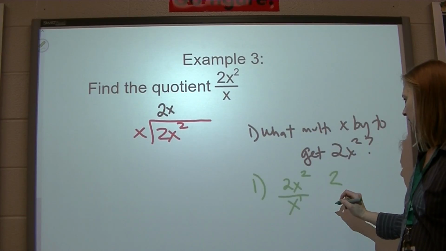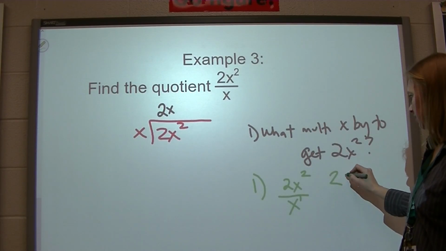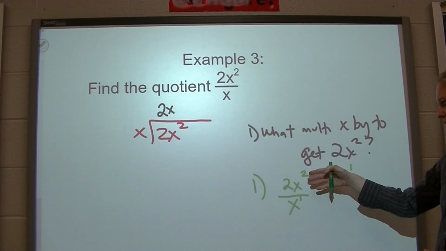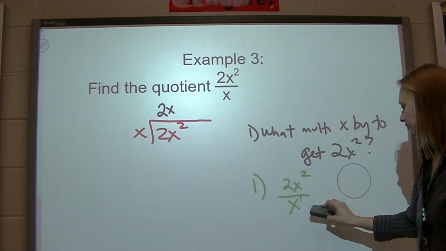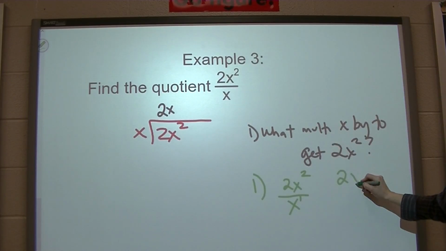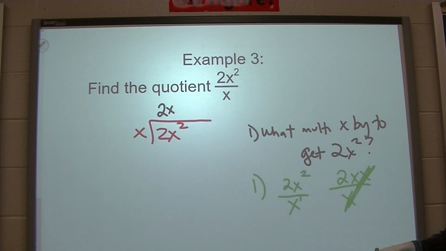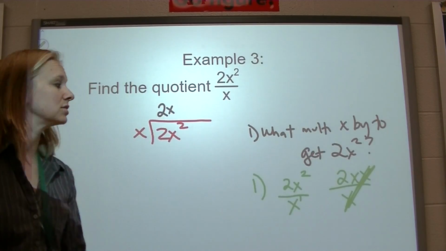So really, 2x squared divided by x is going to change into 2x to the first power. Because 2 minus 1, it gets rid of one of our x's. Or written out, you have 2xx, because that's 2x squared over x. One of your x's cancels, leaving you with a 2x. So either way you want to look at it, it works.